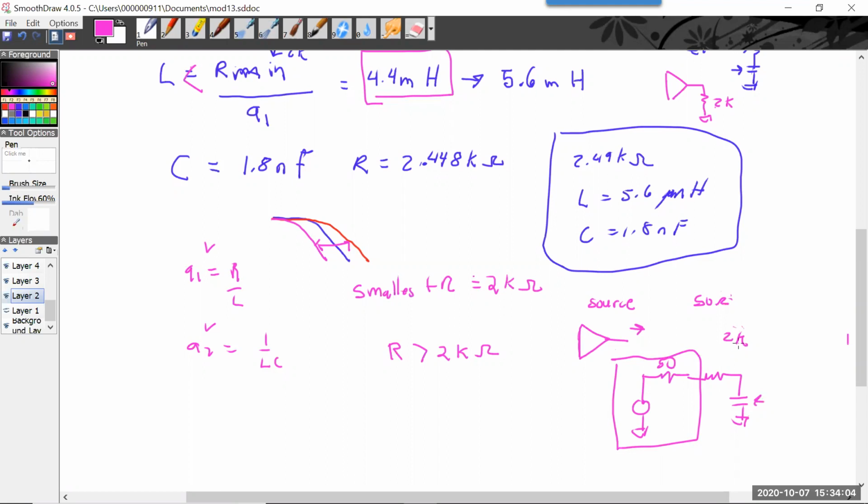But the difference between 2K plus 50 and 2K is negligible, so I just tend to use 2K. It's a good starting place.